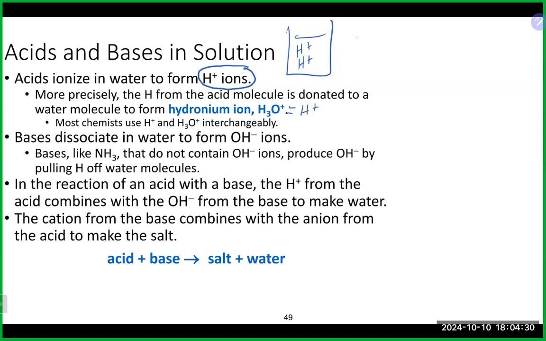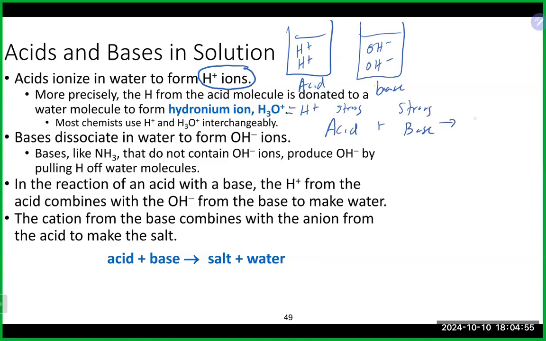And a base, on the other hand, is something that has the ability to produce free hydroxide ions floating around. So that's basically what a base is, and that's basically what an acid does. And whenever you take those two things together, especially a strong acid with a strong base, for sure, you will get two things. You will get a salt plus water.